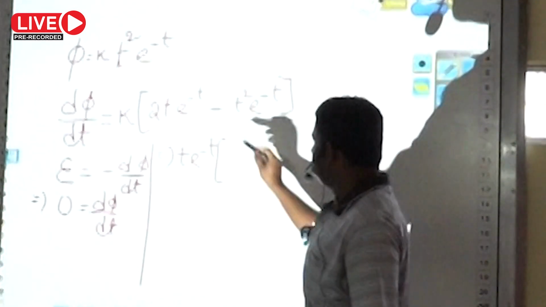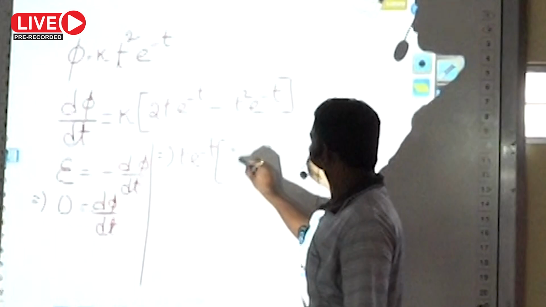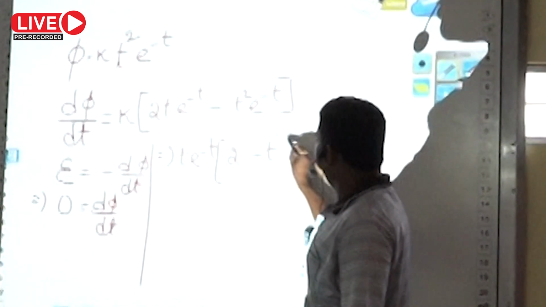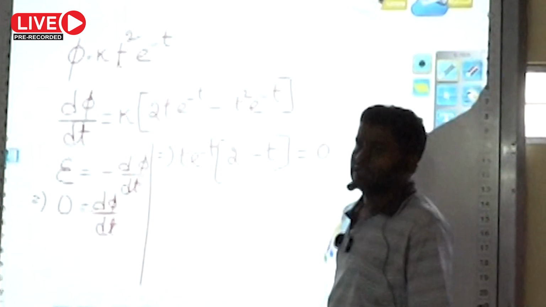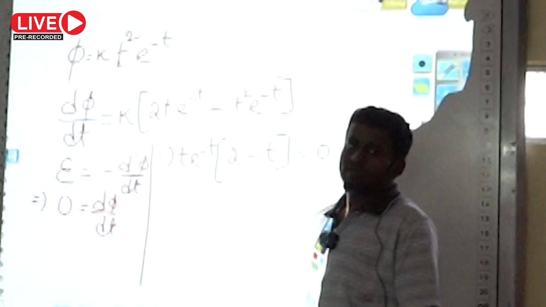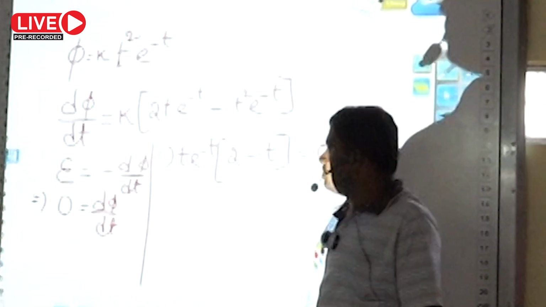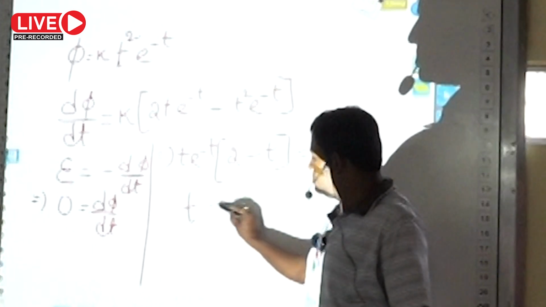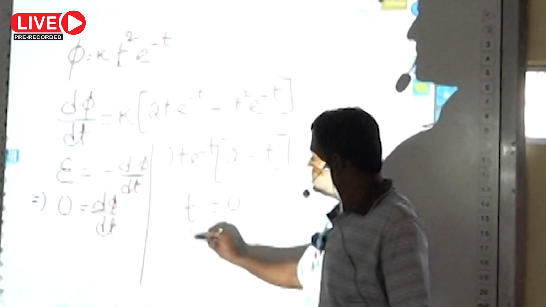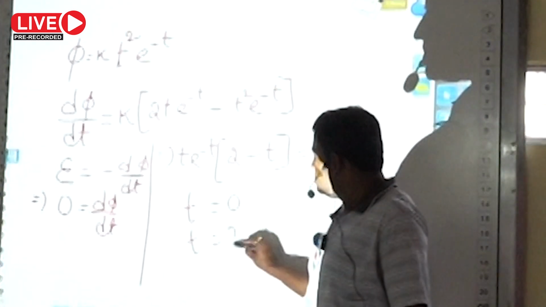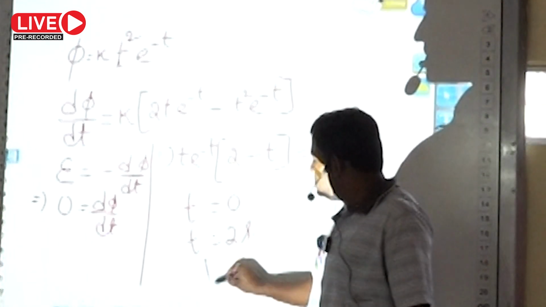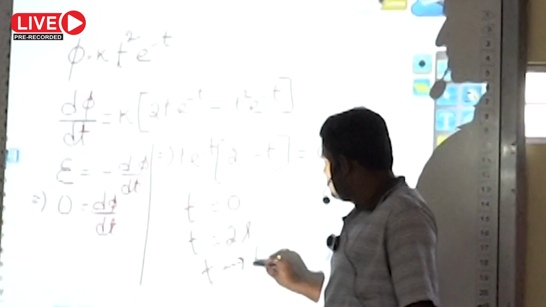K is already divided by 0 will become 0, so we will not bother with that. Then first term it is 2 minus t will be 0. Then three values of t will come from this equation. One is t equal to 0, another is t equal to 2 seconds, another is t tends to infinity.